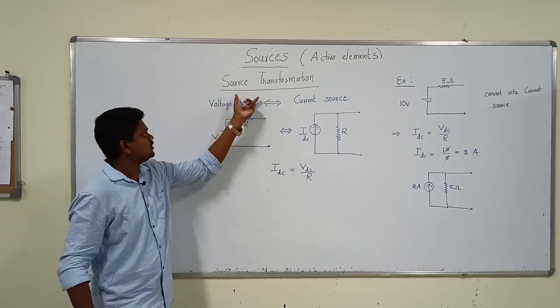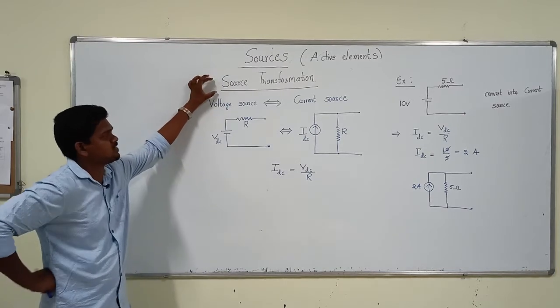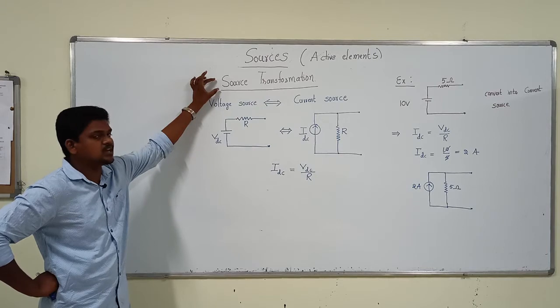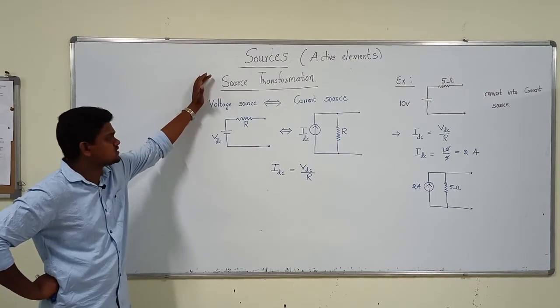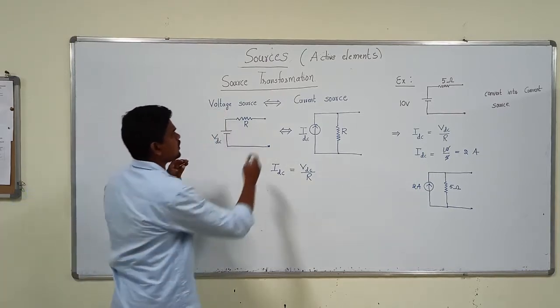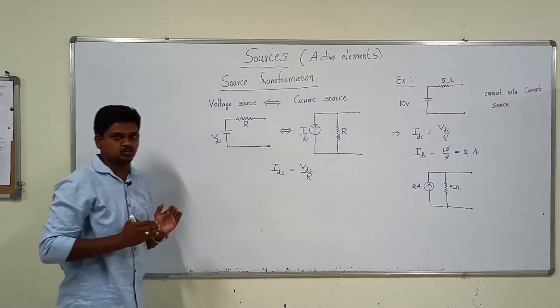Regarding sources, we have another method, that is source transformation. That means the sources can be transformed. Transformed means we have two sources, voltage source and current source. The voltage source can be converted into the current source, or the current source can be converted into the voltage source.